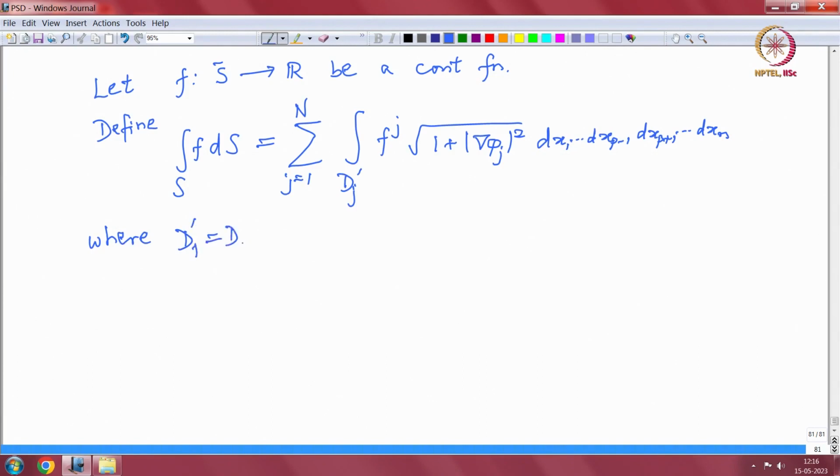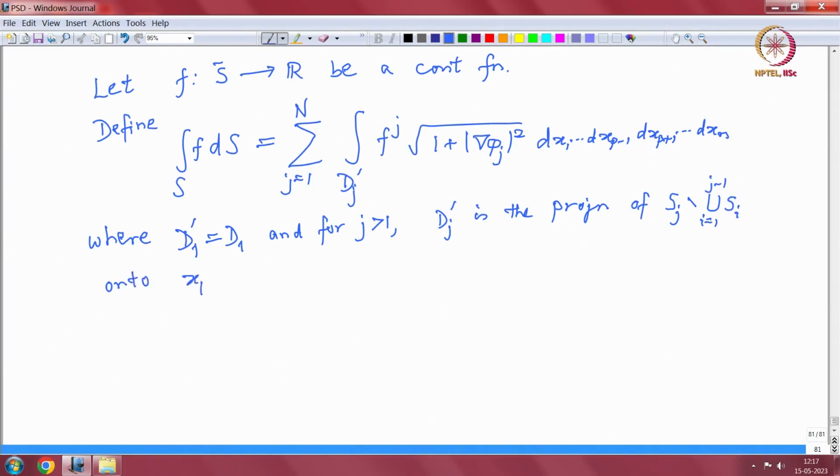D1 prime is D1, and for j bigger than 1, Dj prime is the projection of Sj, the simple piece, minus, so we don't want overlapping, so we remove them, the union over i equal to 1 to j minus 1, and the projection of Si onto xp equal to 0.